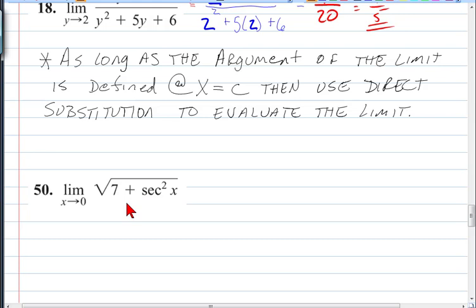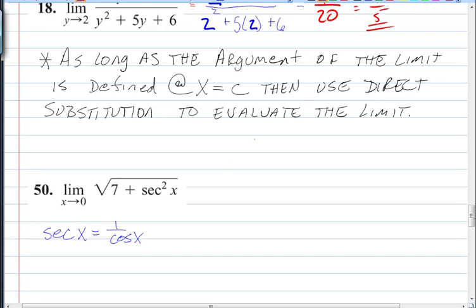S's and C's go together. Sine and cosecant are reciprocals. Secant and cosine are reciprocals. Y'all remember that? No. Okay, trig is really going to have to come back. Secant x is equal to 1 over cosine x. Right? And cosine of 0 is what?